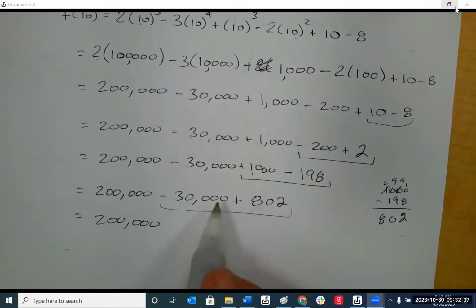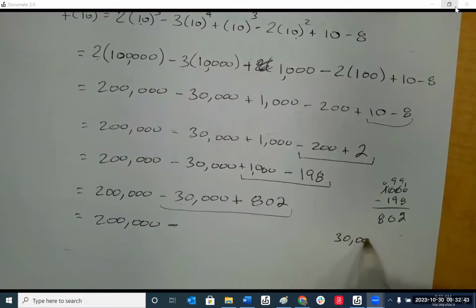30,000 is bigger than 802. So it's a minus. So 30,000 minus 802. Ten minus 2 is 8. 9 minus 0. 9 minus 8.